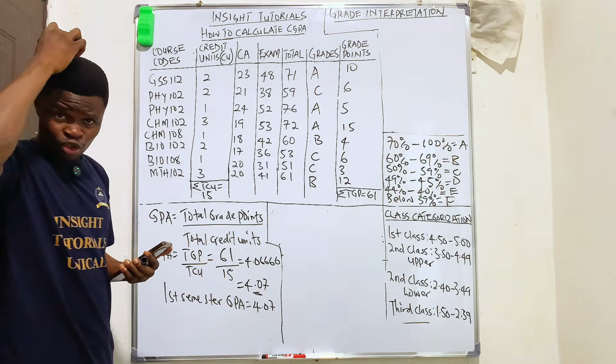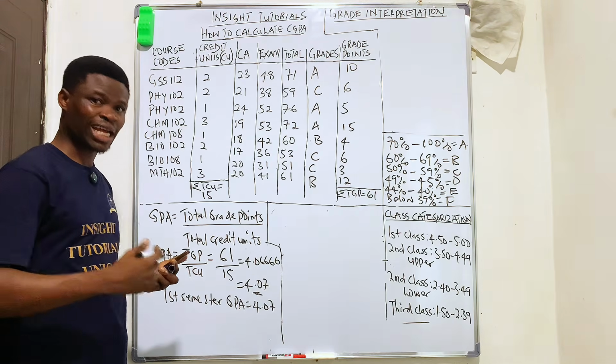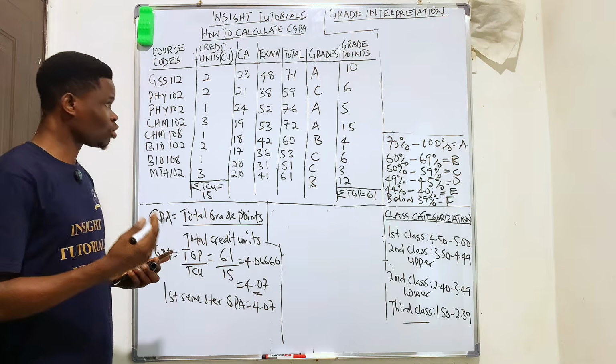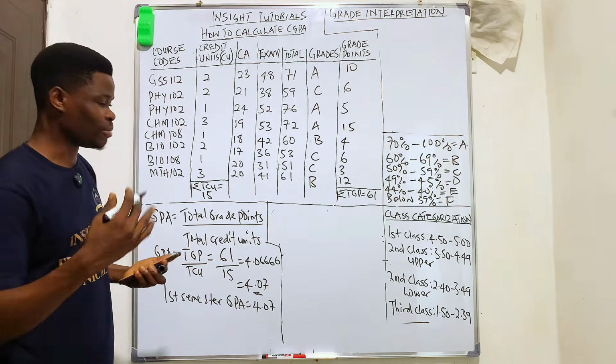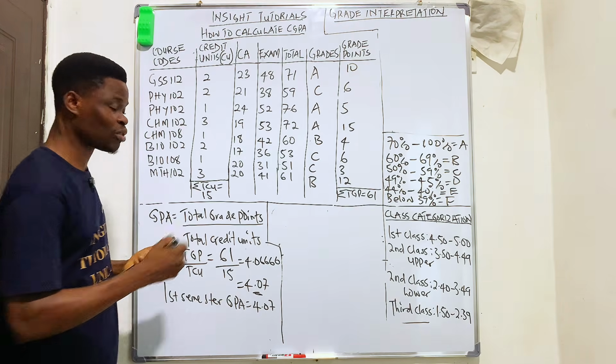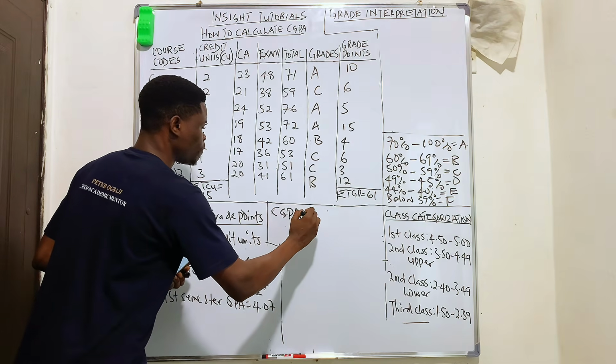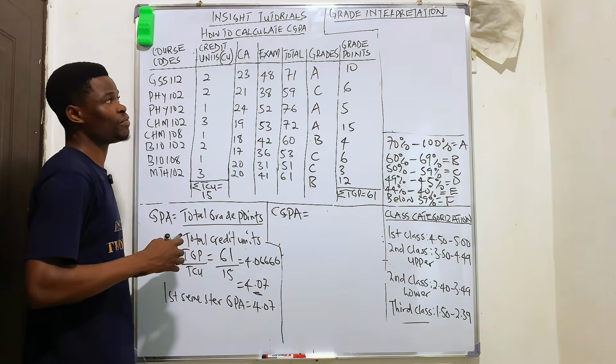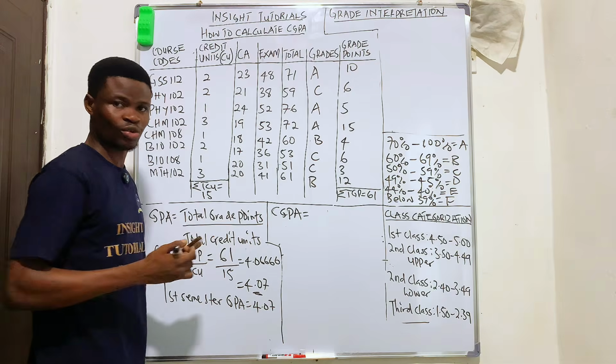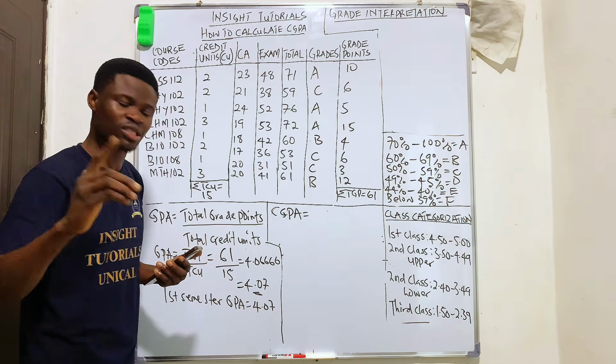Now, before we go further, there's what we call the cumulative grade point average. You cannot calculate the cumulative grade point average if you don't know the grade point average. You have to first know the grade point average, and it is for one semester.